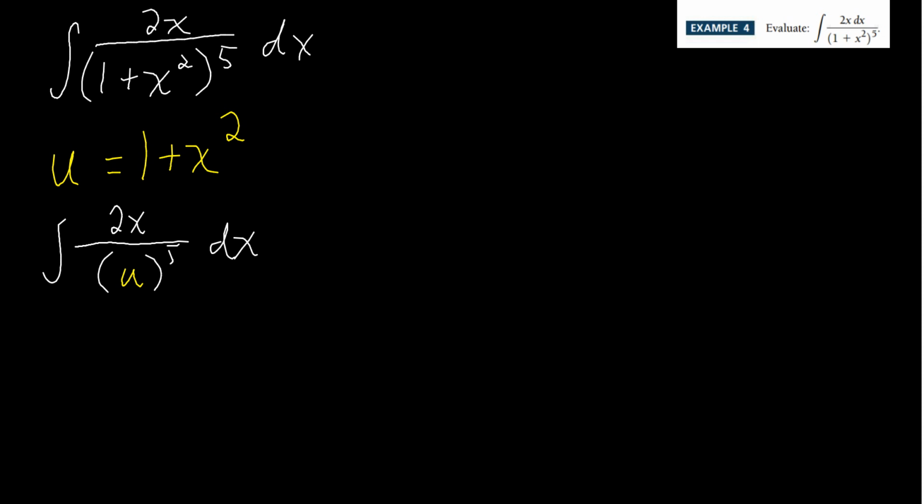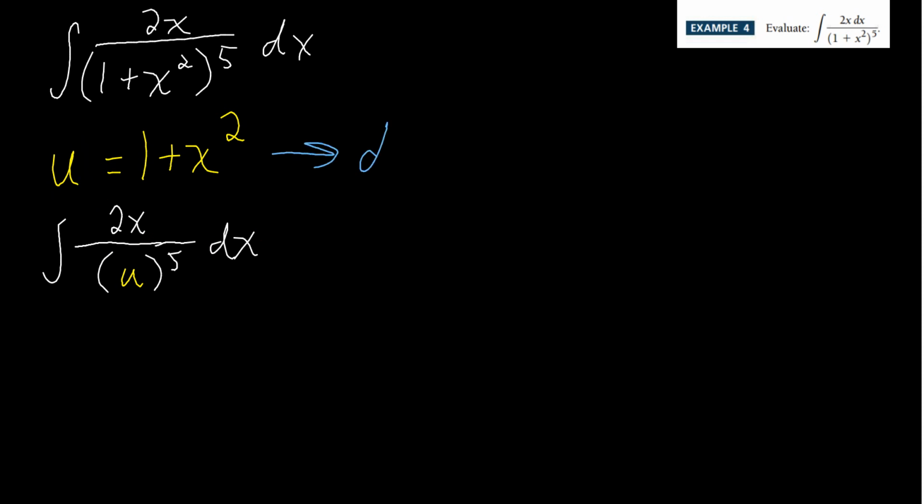So again, hopefully we're starting to see a pattern. We're starting to be like, okay, we get it now. Let's fix this a little bit. Looking here, we've got a 2x and dx. Well, we have to change those to be with respect to u. So we're going to take the derivative of both sides.